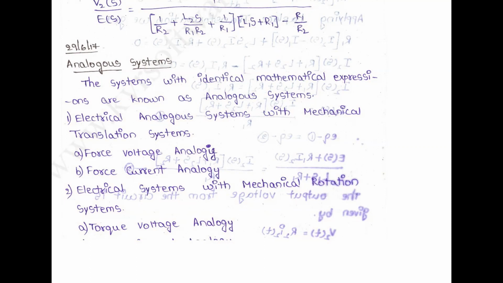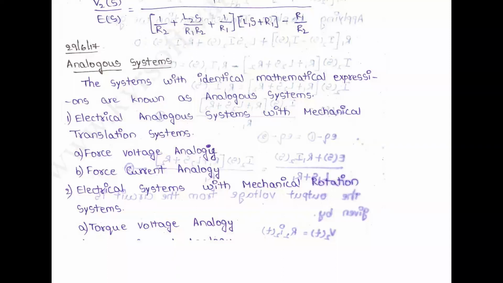These four elements and the applied force F of t. In these 5 elements, in electrical, force is replaced by voltage, mass is replaced by inductor, K is replaced by capacitor, B is replaced by resistor.